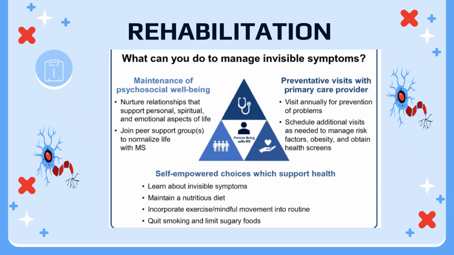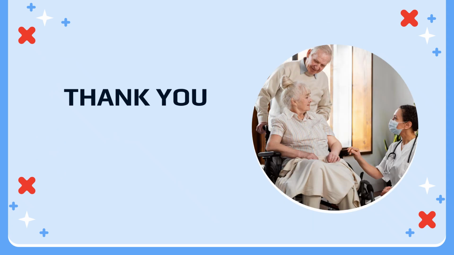Preventive visits are done by the primary care provider. We visit annually for prevention, schedule additional visits to manage risk, and self-empowered choices, that is up to the patient. Learn the invisible symptoms, maintain nutrition, diet, incorporate exercise, mindful movements, and of course, quit smoking and limit sugary foods.